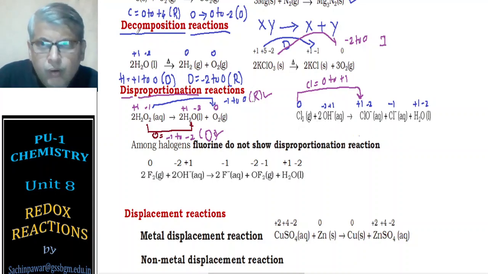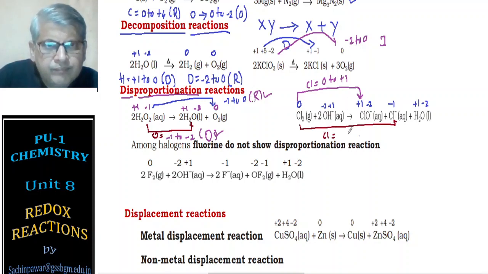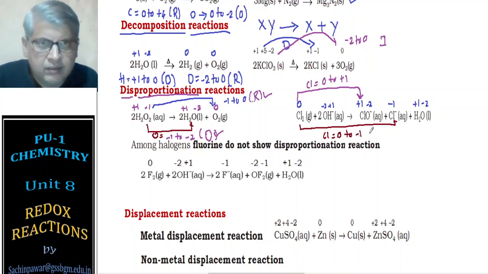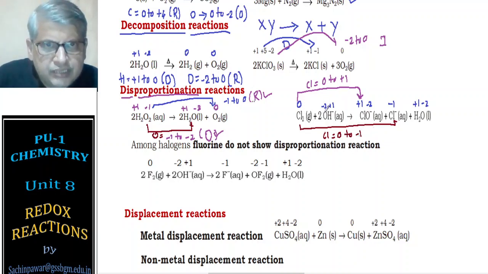Also the chlorine is changing from 0 to -1. Any other change? Just see, oxygen is -2 everywhere, hydrogen is +1. So the oxidation number of the chlorine is 0, and it has been disproportionated into the +1 state and the -1 state.